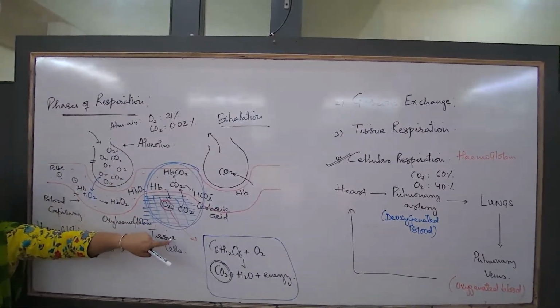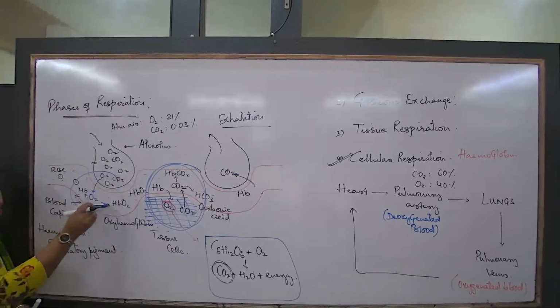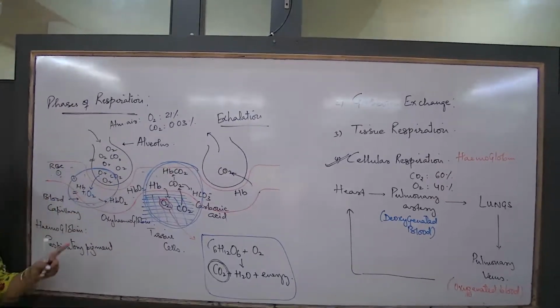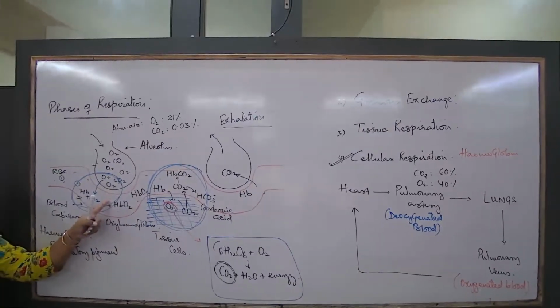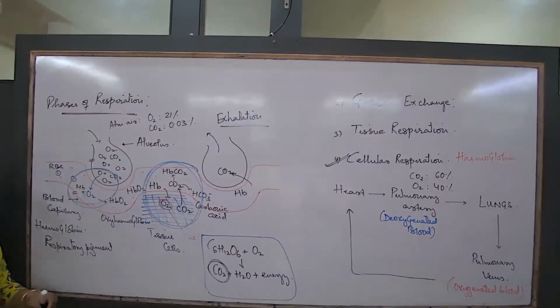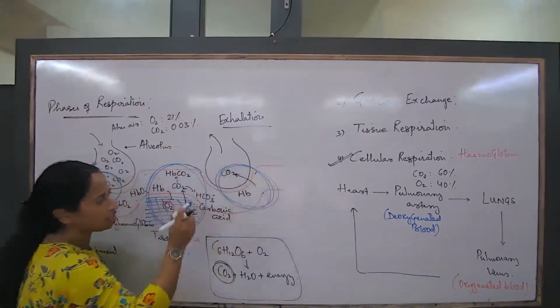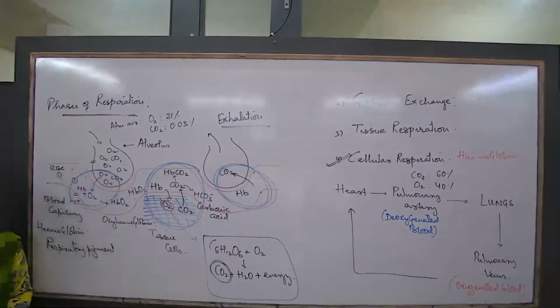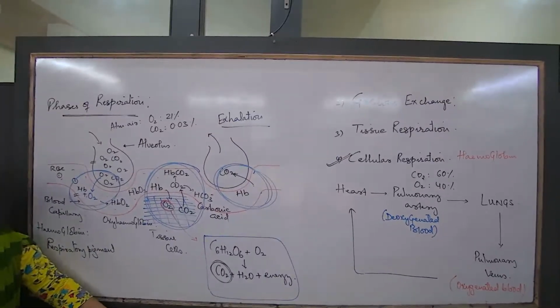Tissue respiration. And the exchange that happens between the alveolus and the blood is known as gaseous exchange. And the exchange between blood and tissues is called tissue respiration.